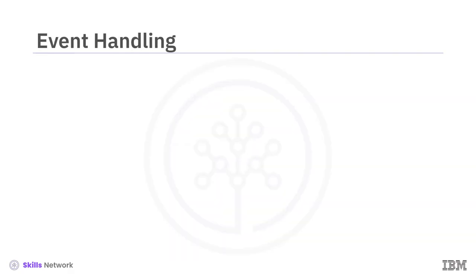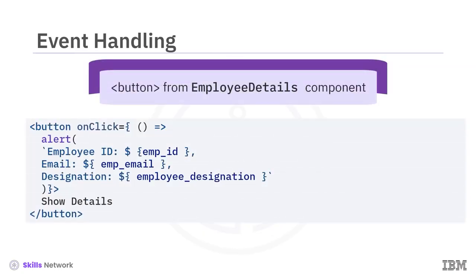Event handling in React is responding to user interactions, such as clicks, mouse over, mouse out, form submissions, and so on, within a React application. For example, event handling is done in the given code using the onClick property in JSX. An arrow function is called when clicking the Show Details button.